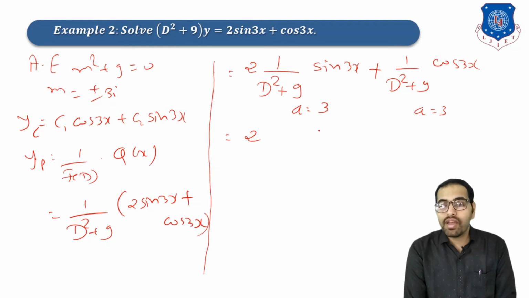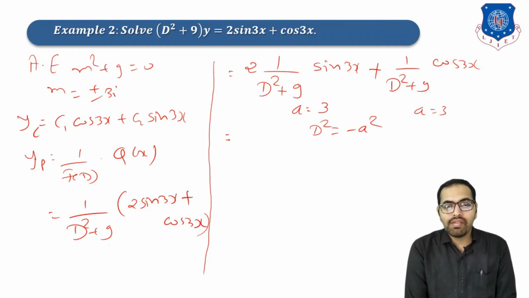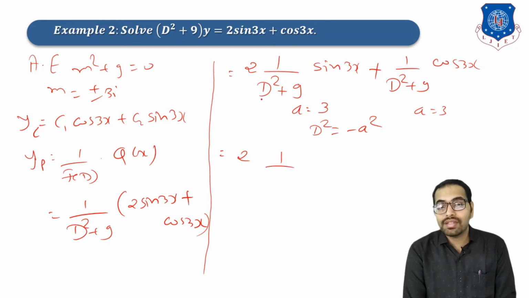At that case what we have to do? Replace D² = −a², then our term becomes 2 kept as it is, D² as −a², then −9 + 9 becomes 0. Then what we have to do?